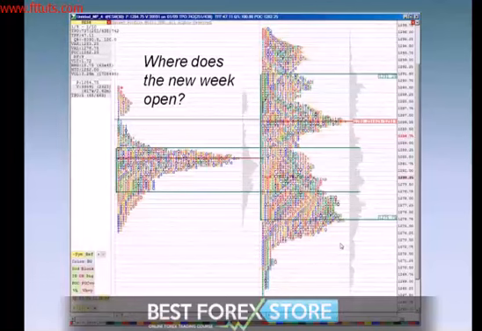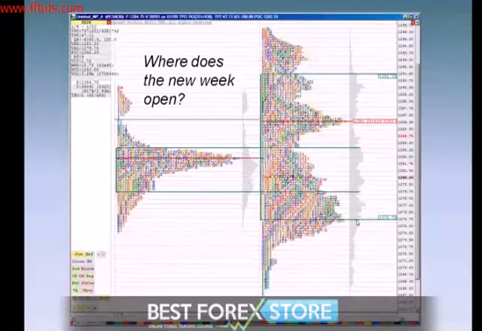And so now, depending on where the week opens, you can discern a lot of information. For instance, if the week opens down here at 1269 or somewhere lower, obviously you already know that we're on the low end of the trading value area, and we're probably going to come back and test this low value area.